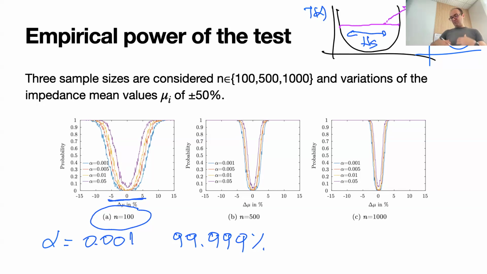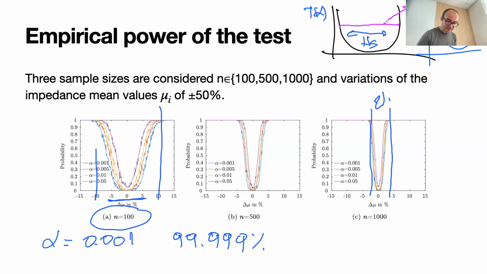But if I take more and more samples, my tests become really precise. I can be certain that I will be capable of detecting even 2% of changes in the impedance. Here, if I have a small number of samples, I can be certain when there is a plus minus 10% change in the value.